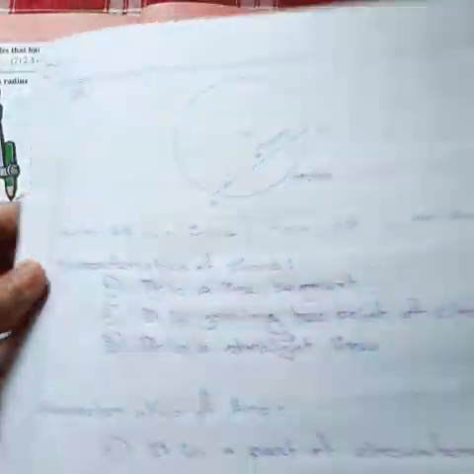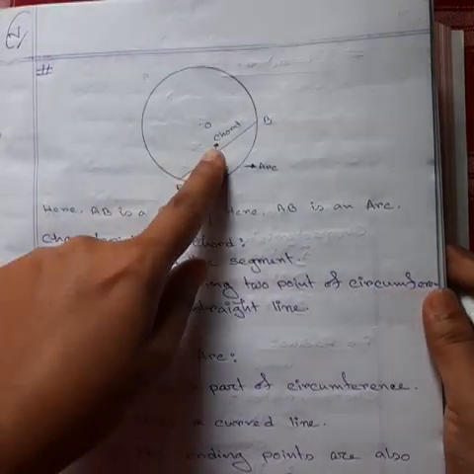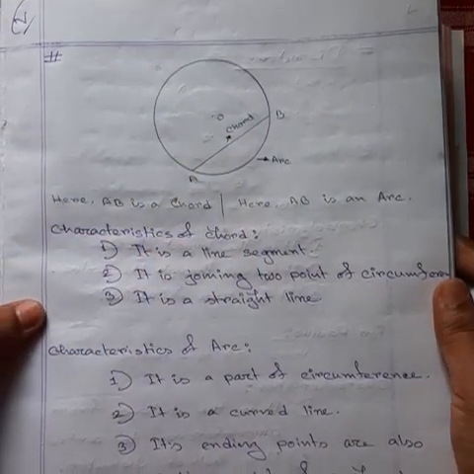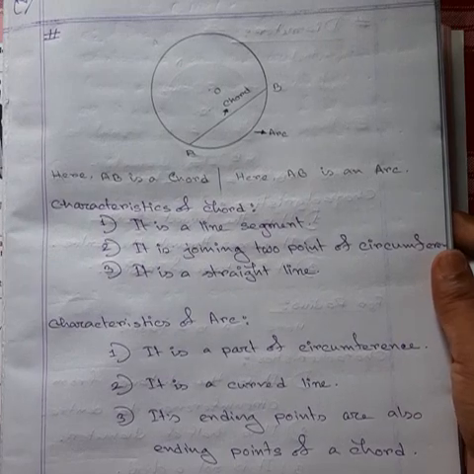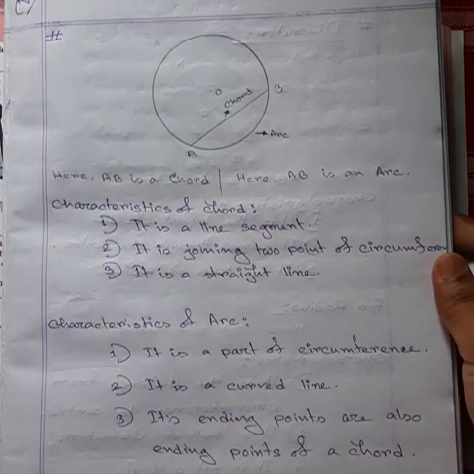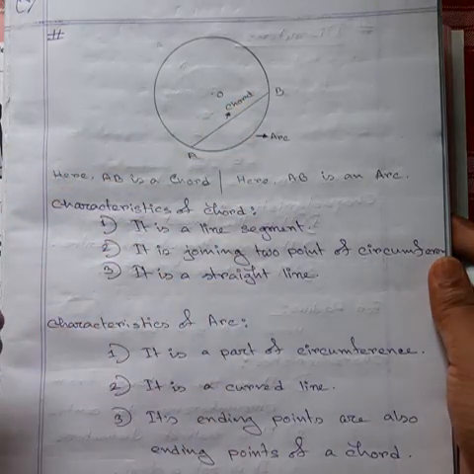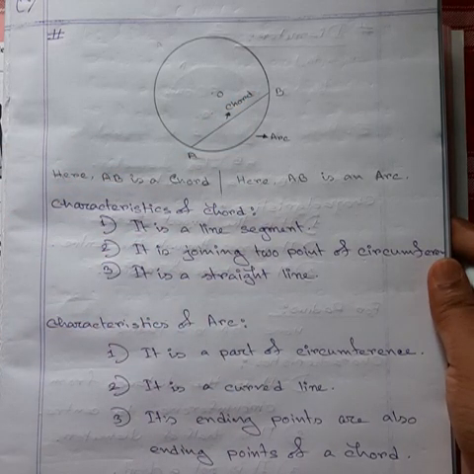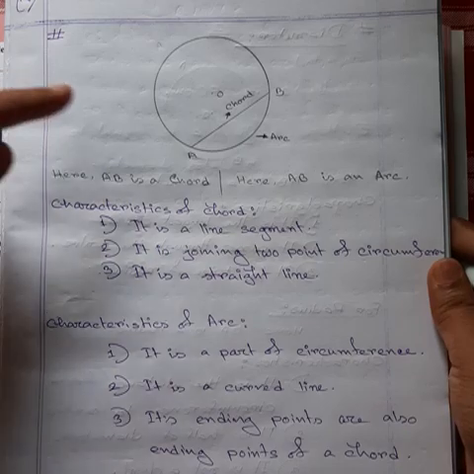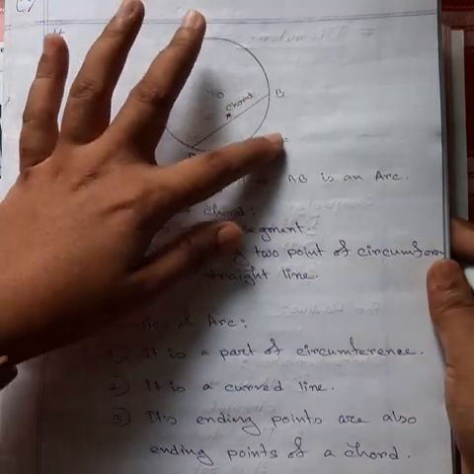The next one is chord and arc, using the same picture. The straight line is the chord. When they ask you to write the 3 characteristics of a chord, you are just going to draw the picture without writing this part.